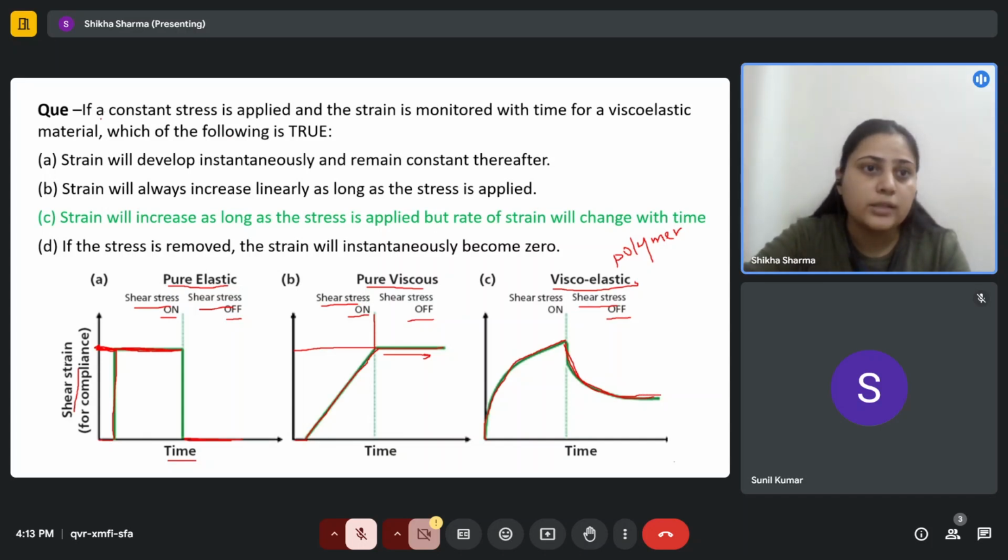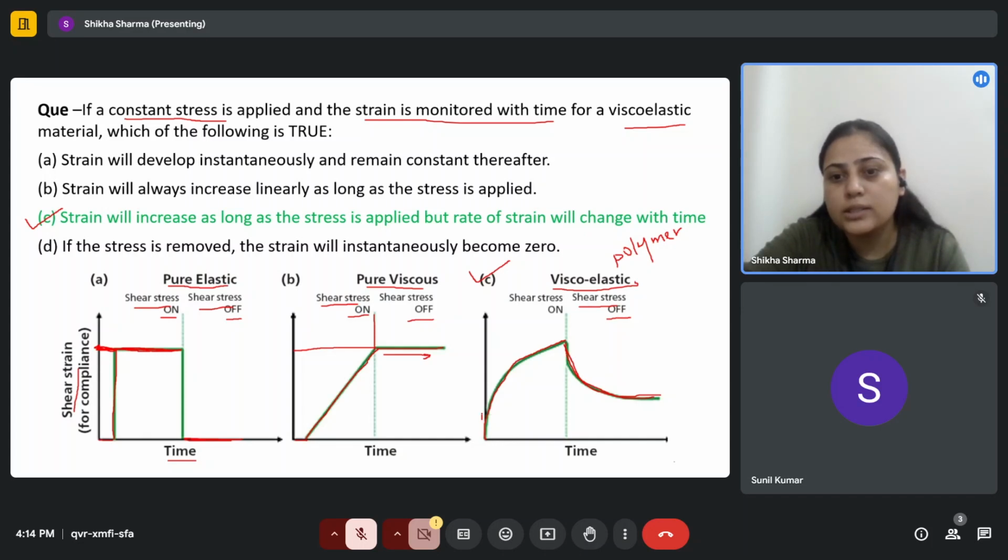So, as the question asked, if a constant stress is applied and the strain is monitored with time, what will happen in a viscoelastic material? Our graph C is the viscoelastic material. When the shear stress is applied, the strain is increasing, right? Option C is saying strain will increase as long as the stress is applied, but the rate of the strain will change with time.